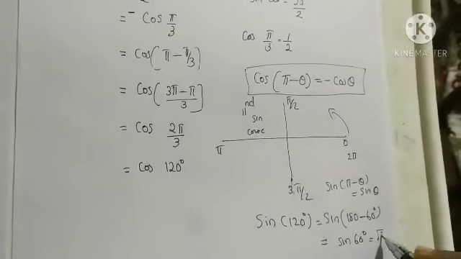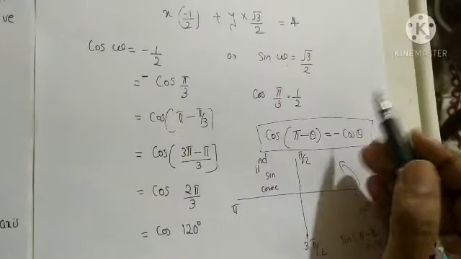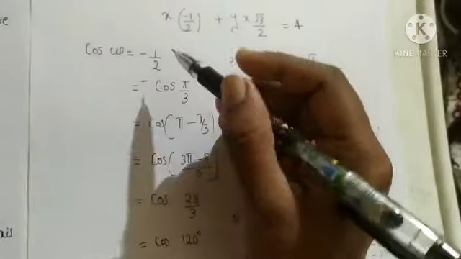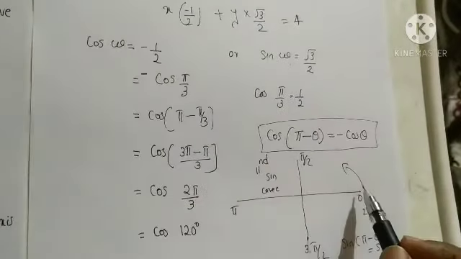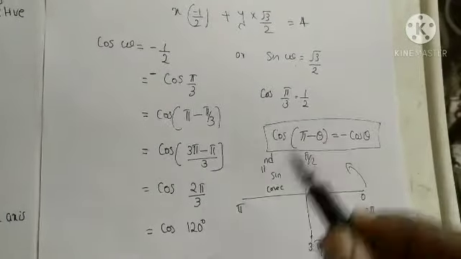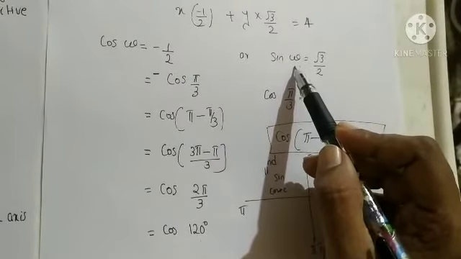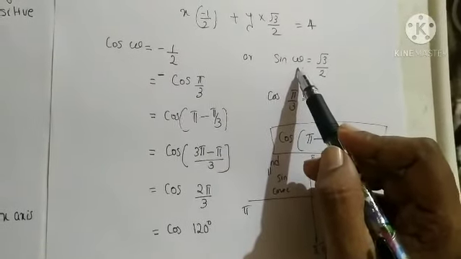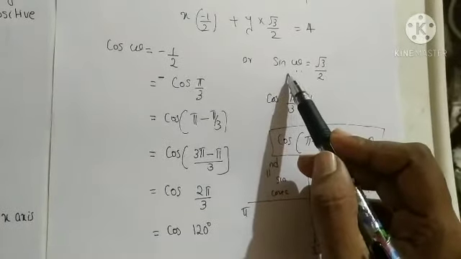Sine 60 is root 3 by 2. And it is better to take negative values for finding the value of omega. If we find the value of omega, just check for sine omega. Putting the value of omega in sine omega, we get the same answer.